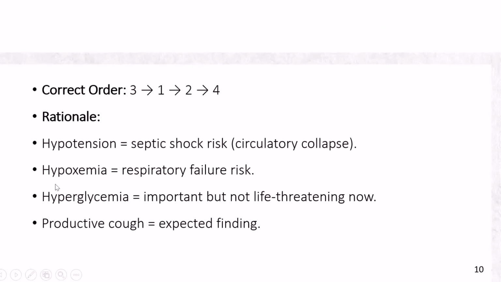Hypoxemia should be first. So Josephine, got it. Hypoxemia has to be first. Always remember your ABCs. Hypoxemia has to be first, then hypotension, and then hyperglycemia, then productive cough. Productive cough is an expected finding. So that should be your last.